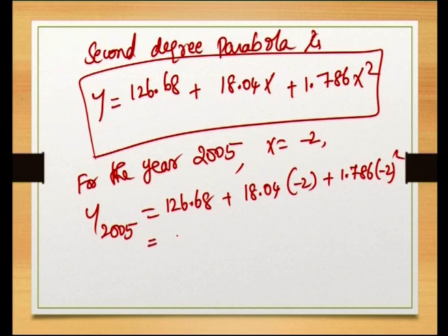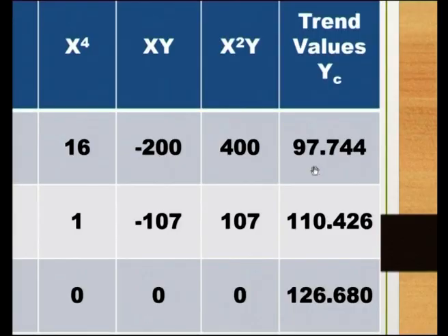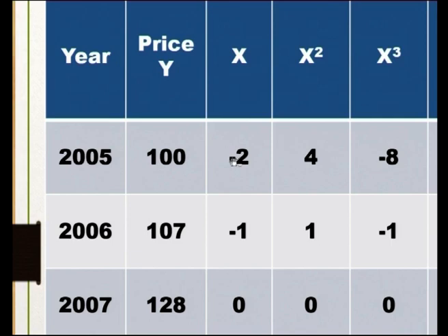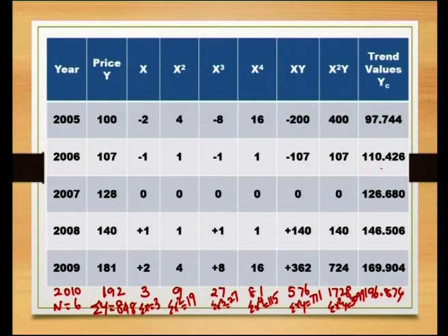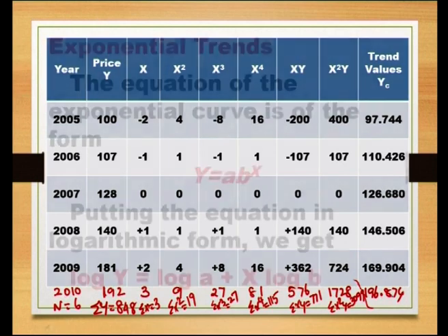This value comes to be equal to 97.744. Okay. Similarly, for the year 2006, we calculate the value as 110.426. Likewise, these values are calculated up to the year 2010, for which the trend value is 196.874.